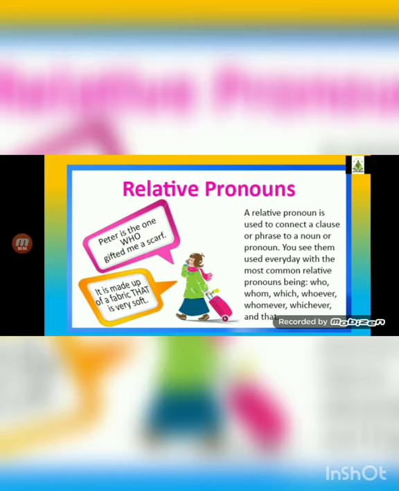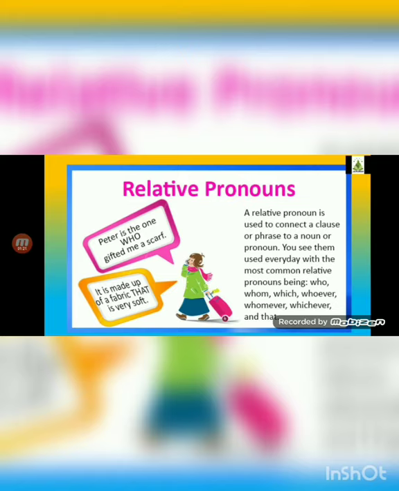It is made up of a fabric that is very soft. Now she is again describing that the scarf is made of fabric that is very soft, which means it is focusing on the person and the thing which she wants to stress upon.